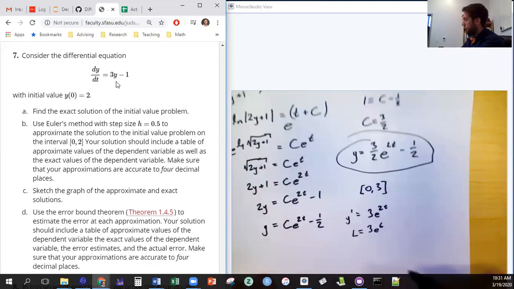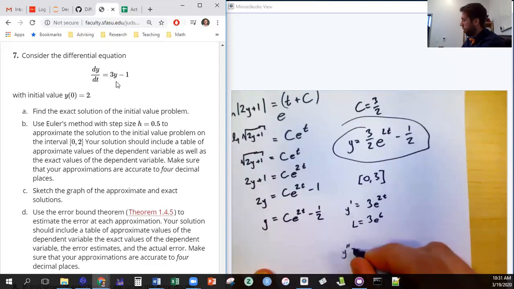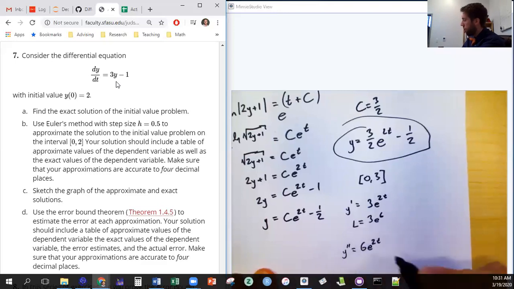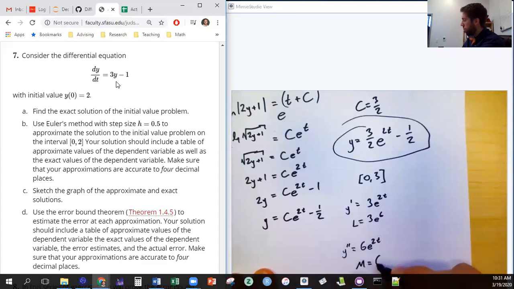And then M, let's find M. Well, y double prime equals 6 e to the 2t. So then M equals 6 times e to the 6.